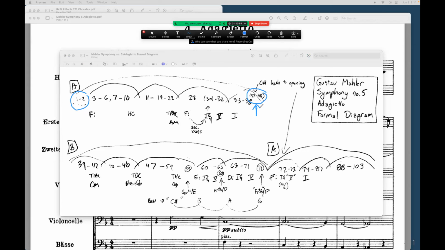When I hear it there at bars 37 to 38, it sounds like, okay, we're landing this airplane. So there's sort of a formal ambiguity to the way that Mahler uses that passage that I think is just really beautiful.